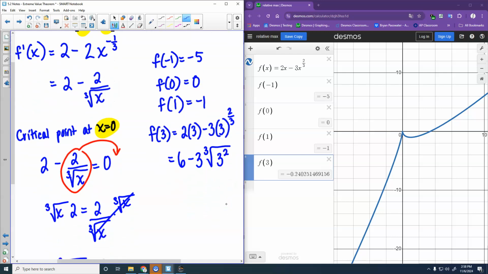Or that could be written 6 minus 3 times the cube root of 9. Now, this might happen to you on a calculator inactive problem. So these 3 you would have to do by hand. You could figure those out and get whole numbers.